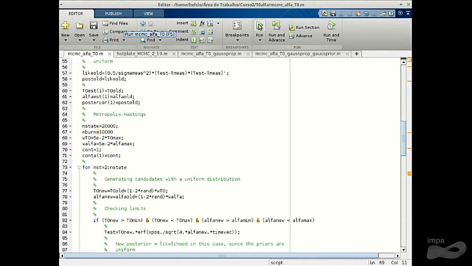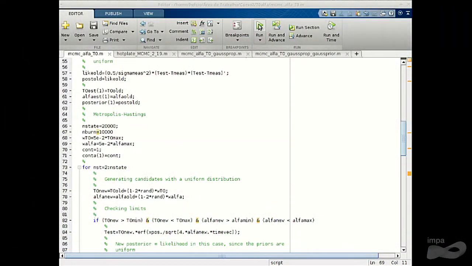Since the step is so large, it will be very likely that we don't accept the states, and then the chain will look like this. We'll have some constant values jumping here and there, only when we accept.